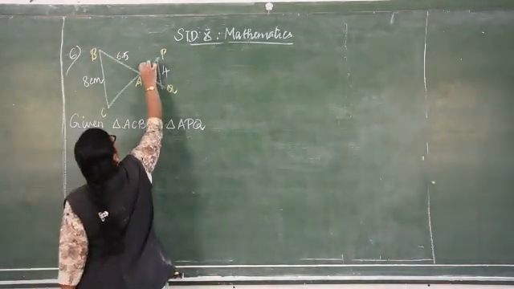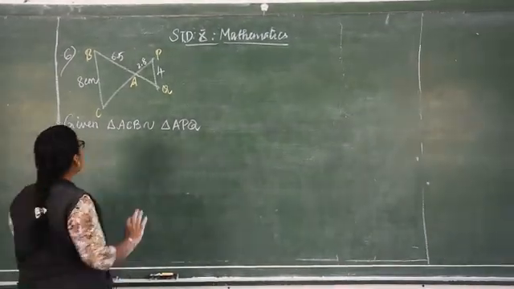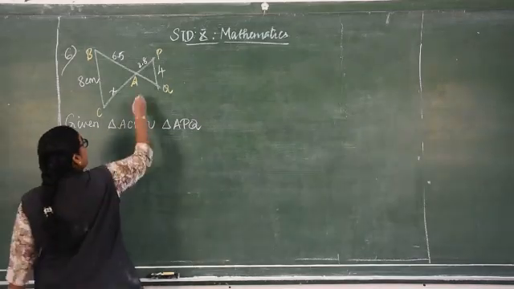AP is 2.8 centimeter. Then find CA and AQ.